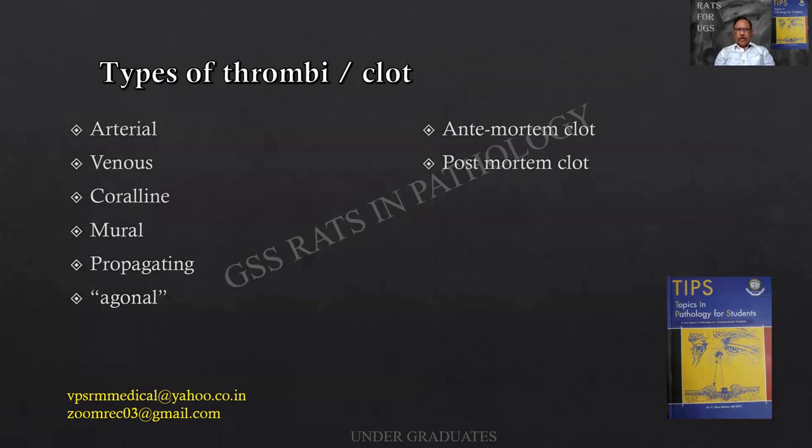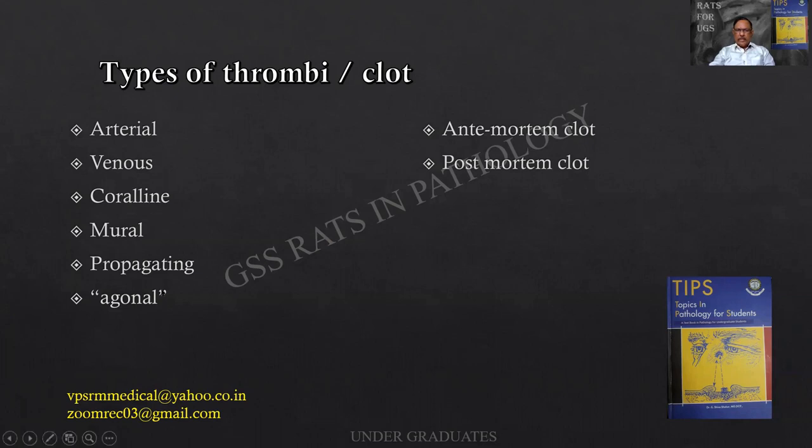What are the types of thrombi or clot? These words are important. In fact, every one of these words can be a question for you, either directly or through an MCQ. There can be an arterial thrombus and a venous thrombus. Coralline thrombus, what it is, we shall be seeing. Mural thrombus, again I shall be explaining. Propagating, one of the features developing in a thrombus.